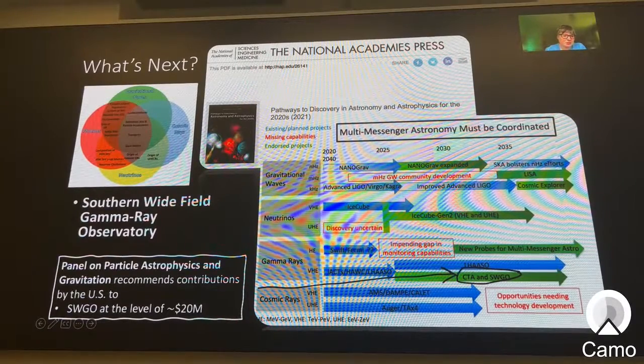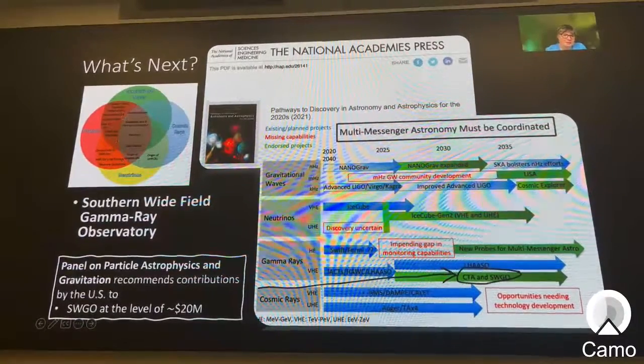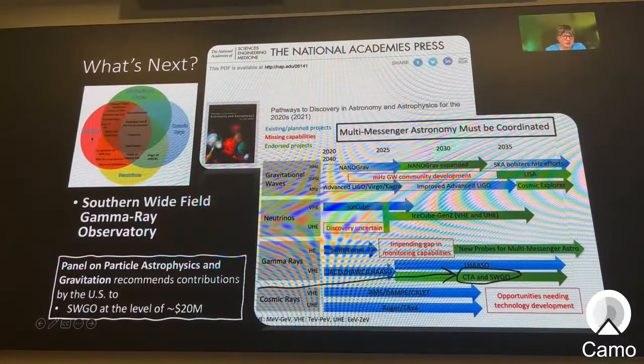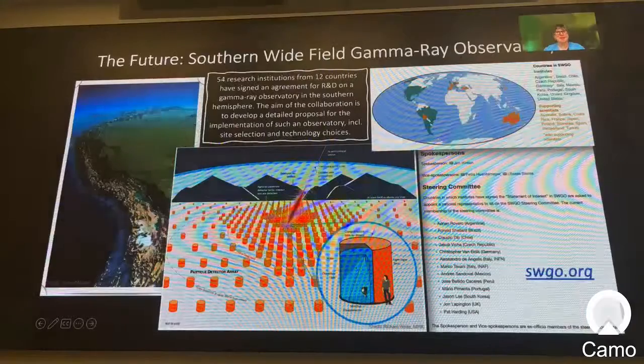It shows you, when you look at photons and all the things that you can do with them, there is a lot of stuff to be done, so photons are important. Anyway, the paper on particle astrophysics and gravitational wave contributions by SWGO, and then you see here the timelines for the different projects.